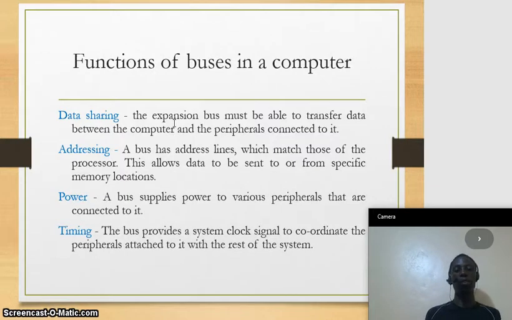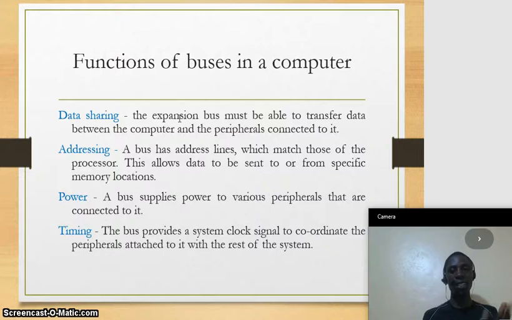Not only peripherals, but also those other components in the computer. So you realize that the buses have a lot of functions, a lot of importance in our computer. They can transfer data, they can at the same time address, they can at the same time power, but also time. They can do timing. The bus provides a system clock.